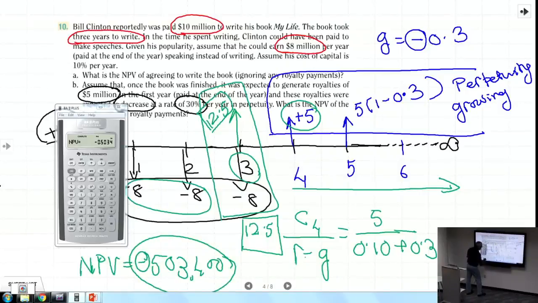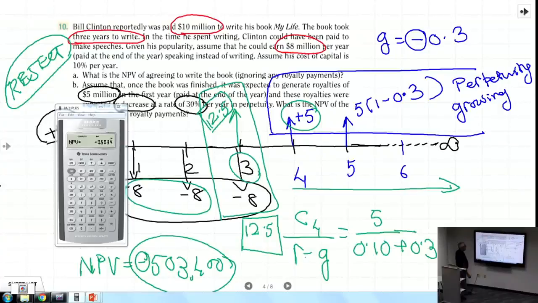So even with royalty payment, the net present value remains negative. So our verdict would be, if only on pure economic terms, this proposition should be rejected. Because even with including royalties, the net present value remains negative.